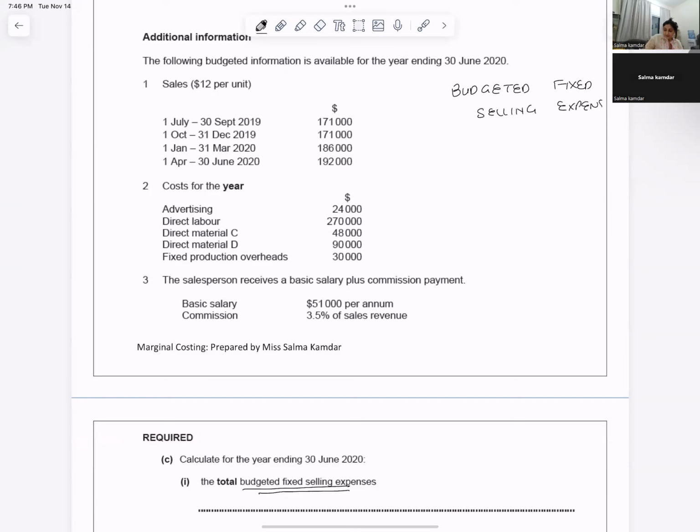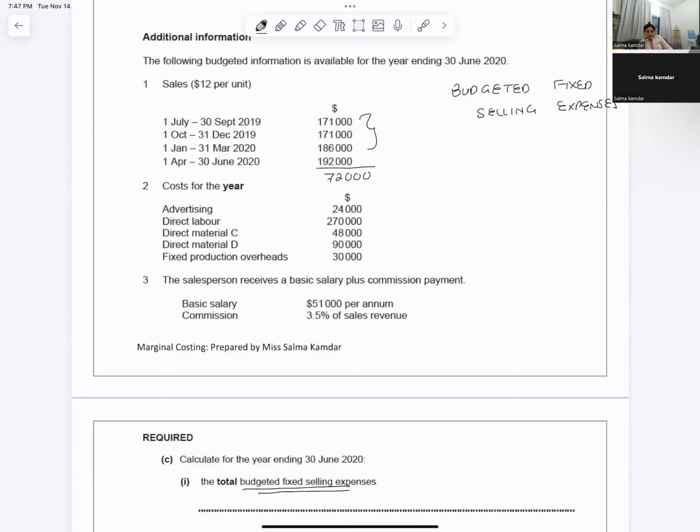I have my revenue for the year, and the total revenue is 171 plus 171 plus 186 plus 192. So the total revenue is 720,000.